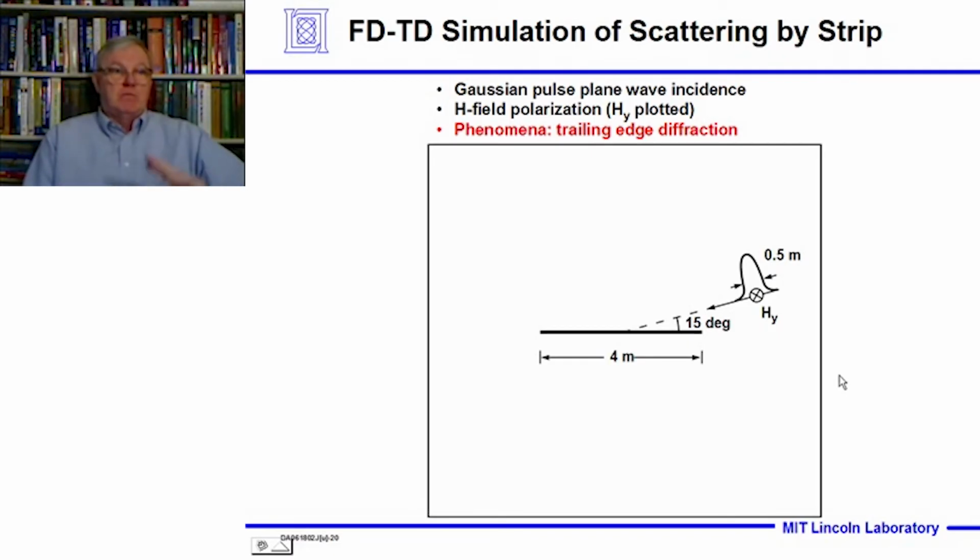Now when we change the polarization, we'll get trailing edge diffraction. Now a lot of radars use radiation that's a mixture of linear polarization. The best way to say this is, what you saw was a radar that was linearly polarized and exactly perpendicular, the electric field was to the plane.